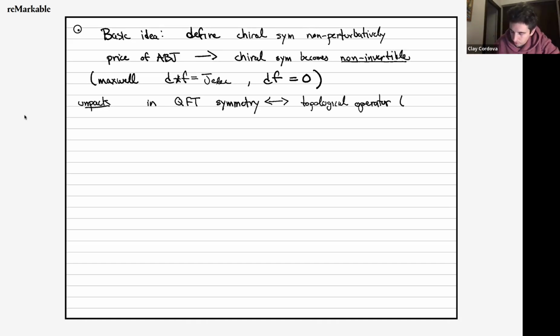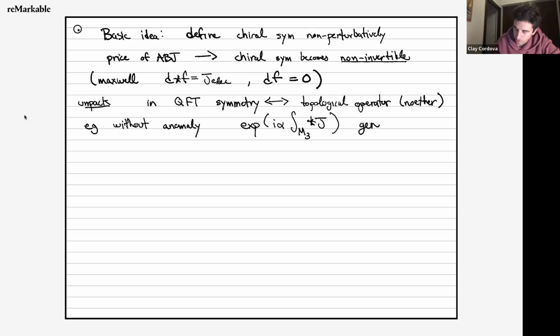This is, if you like, kind of Noether's theorem extrapolated to the max. So, for example, if we don't have the anomaly, without this problematic divergence, we write the exponential of i alpha integral over some 3-manifold of star of J. J is a 1-form, star of it is a 3-form. We could integrate it over a 3-manifold, and this generates the symmetry.